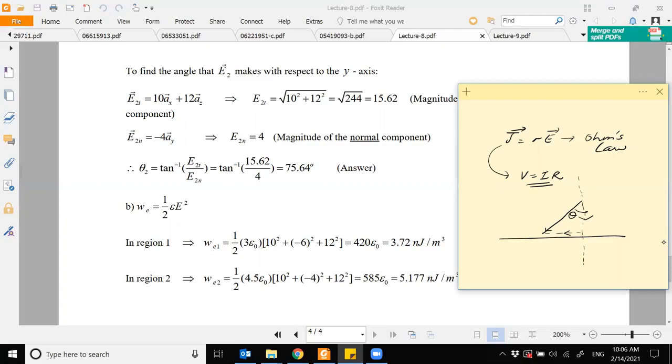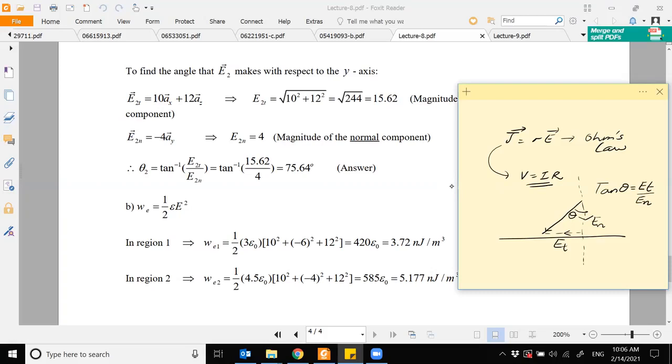Now, if I say this is E tangential and this is E normal, I can find its length, which is its magnitude. And what will be the angle here? Yes, tan theta is equal to opposite by adjacent, which is nothing but the tangential component length over the normal component length.